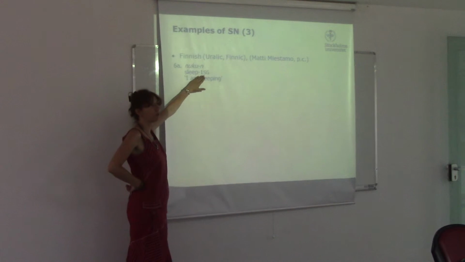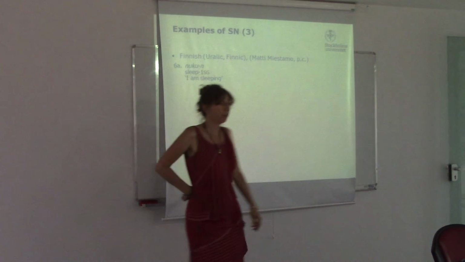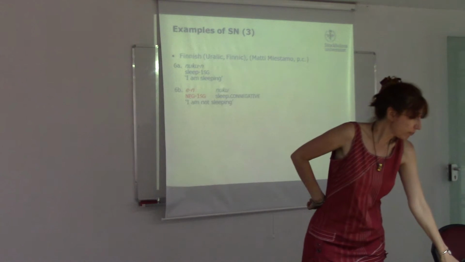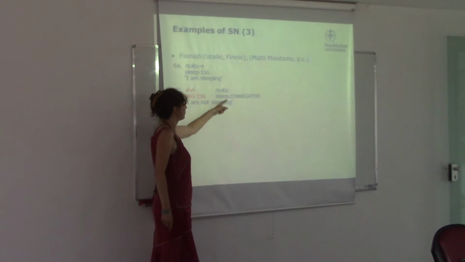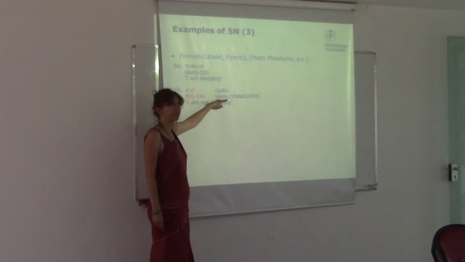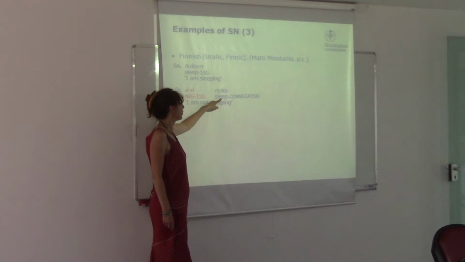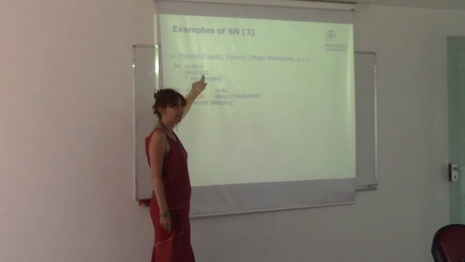The person and number of whoever is sleeping are expressed on the verb. When you say "I'm not sleeping," you get sleep in what in Finno-Ugric linguistics is called the co-negative. So that's a special form stripped of finite affixation.